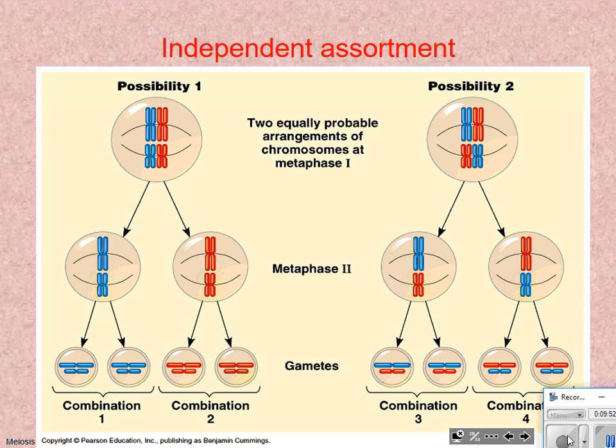Now, we look at this, and let's talk about what independent assortment is. We're dealing with two different chromosomes right here. Okay, a big one and a smaller one. See how in this one right here, both red ones are on the right side and both blue ones are on the left side.